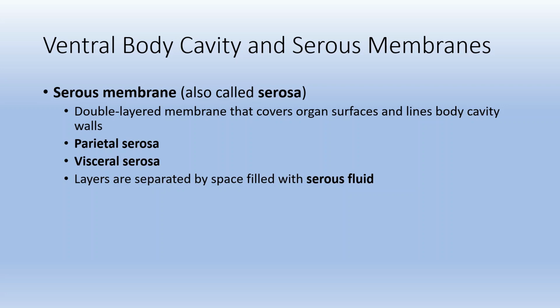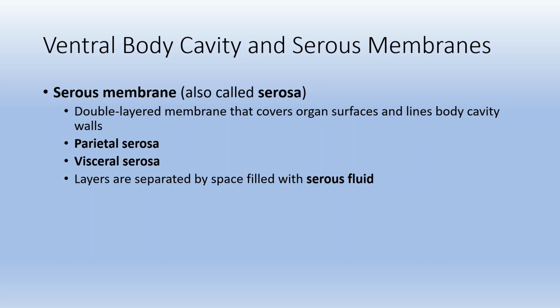In the ventral body cavities, both thoracic and abdominopelvic, we find serous membranes, which we can also call serosa. A serous membrane includes a double-layered structure that we will see covering the surface of organs, as well as lining the inner walls of each of those body cavities.